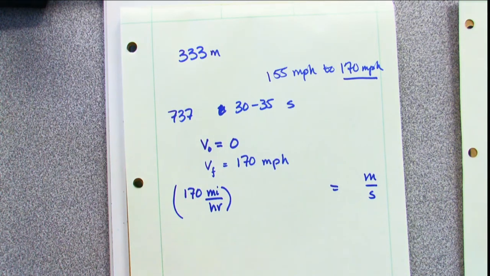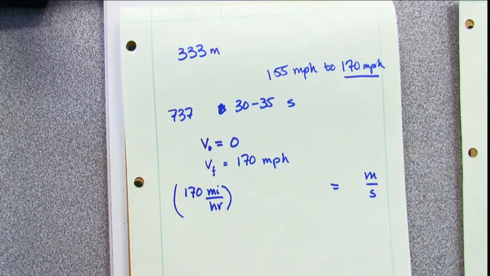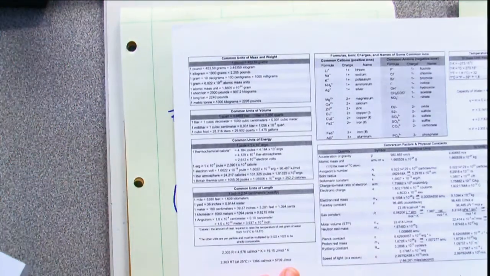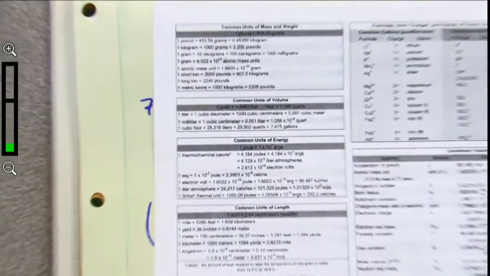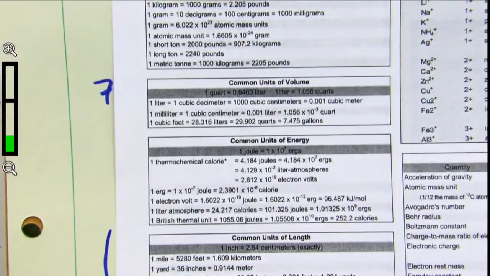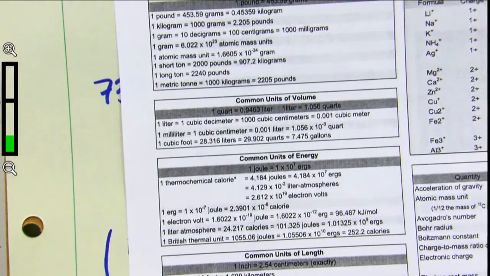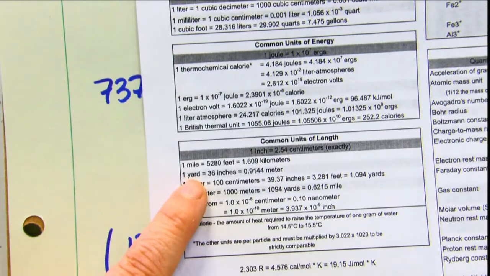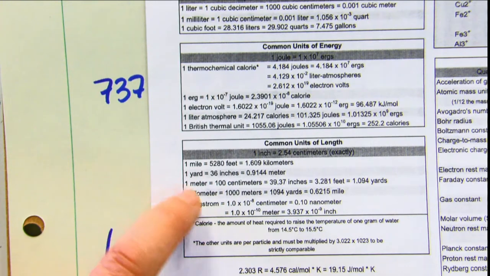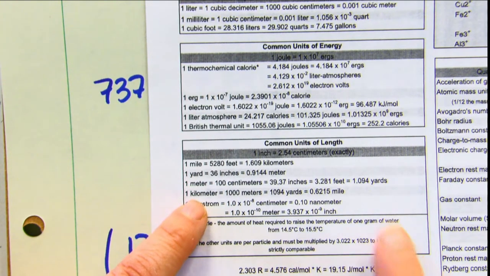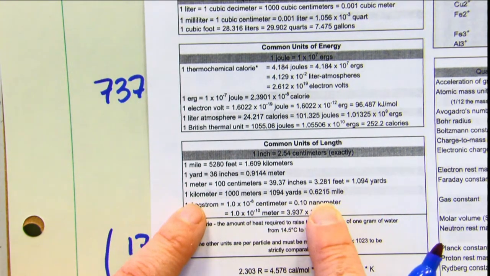The one thing I dislike about Kat's book is she doesn't have a handy dandy table like this easily accessible in the cover. Okay? There are some conversion factors that you gotta find, so we gotta come up with our conversion factors. I'm gonna use that 1 kilometer is 0.6125 miles.